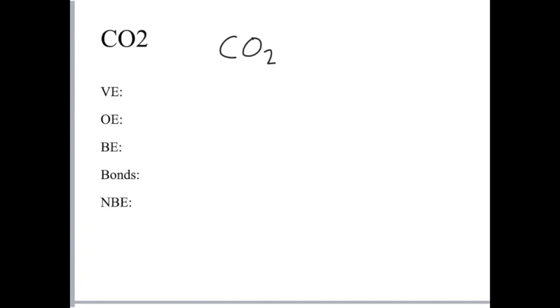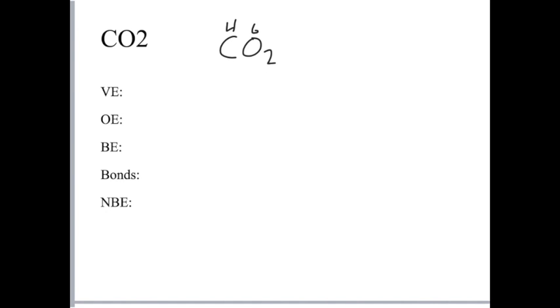Okay, so what we're going to do is start by calculating our valence electrons. You look at each element, find what column they're in, and that will tell you the valence electrons. So carbon is in group 4A, which means it has 4 valence electrons. Then oxygen is in column 6, which means it has 6 valence electrons.